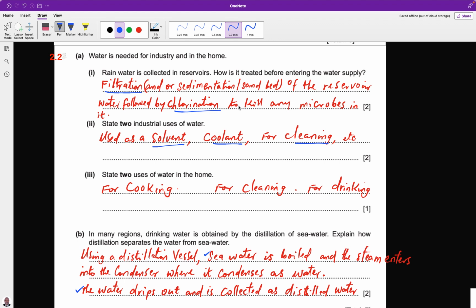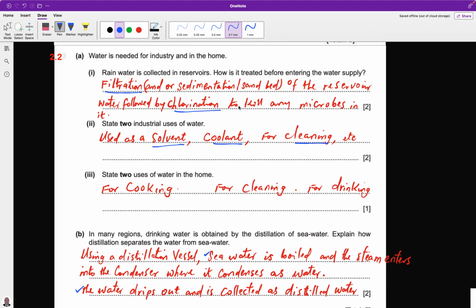It's from that reservoir that the water is being treated to supply those communities. How is this water treated? As we discussed in our previous question regarding the treatment when water is collected from a reservoir, the first step here is filtration. There is filtration or sedimentation, followed by sandbed.